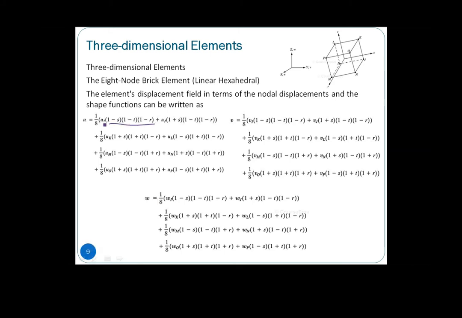This is the first shape function, this is the second, then you have the third, fourth, fifth, sixth, seventh, eighth, all multiplied by 1/8. For the displacement field U, which is the x-axis, V, the y-axis, and W, the z-axis, the same shape function is used.